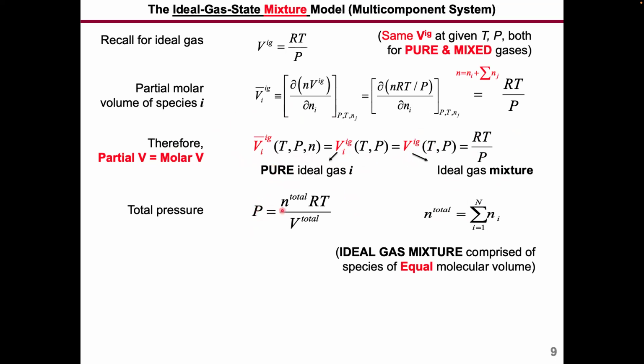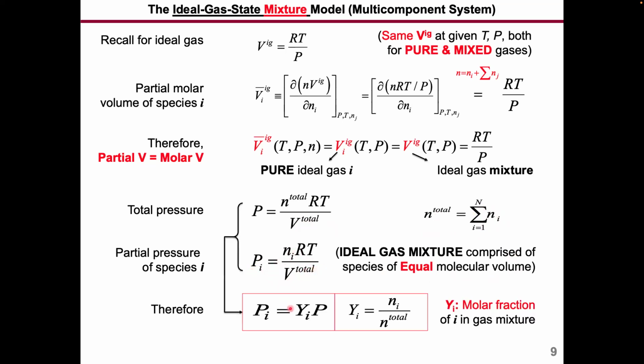Now the system total pressure is going to be equal to n_total RT divided by V_total. And n_total, we know, is the summation of n_i, all summed up, right? The ideal gas mixture comprised of species of equal molar volume, okay? And then the partial pressure of species i is just equal to n_i RT divided by V_total, right?